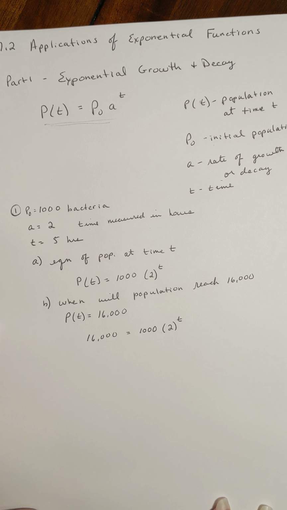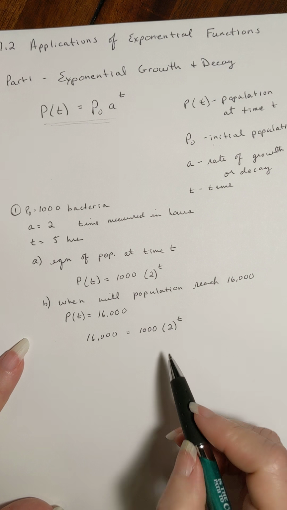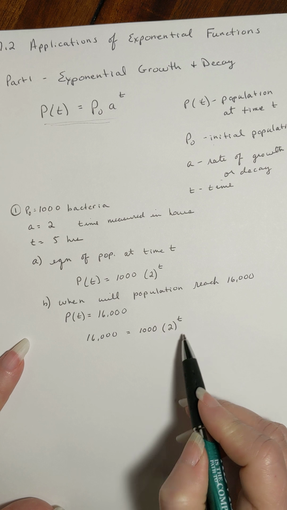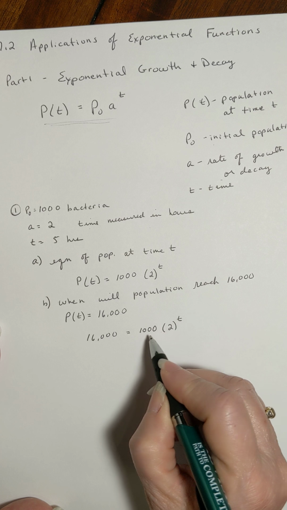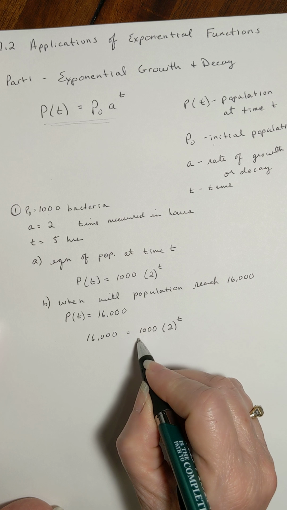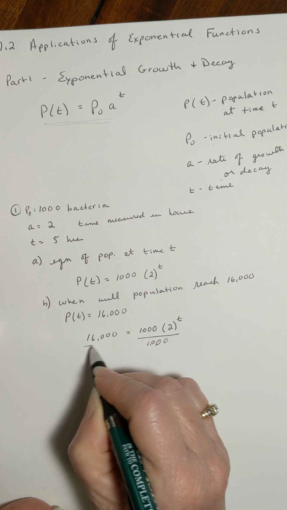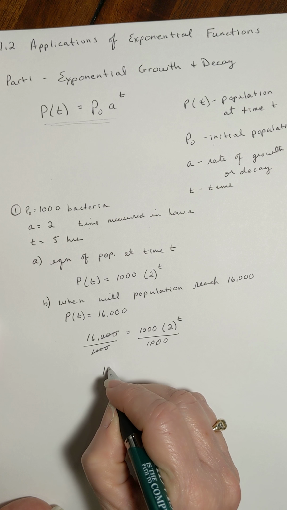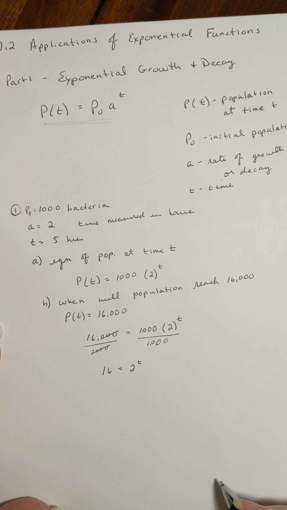So now we have an exponential equation that we need to solve. The first thing that I have to do is isolate this exponential part of the equation. So I'm isolating the 2 to the t, so I need to get rid of this 1,000. They're multiplied, so I'm going to divide both sides by 1,000. So 1,000 goes into 16,000 16 times. So I get 16 is equal to 2 to the t. Now I want to make my bases the same.